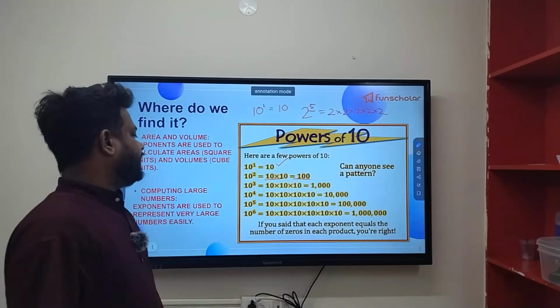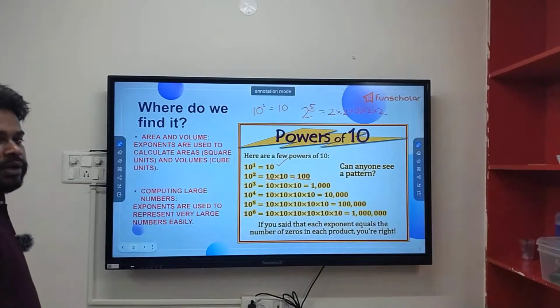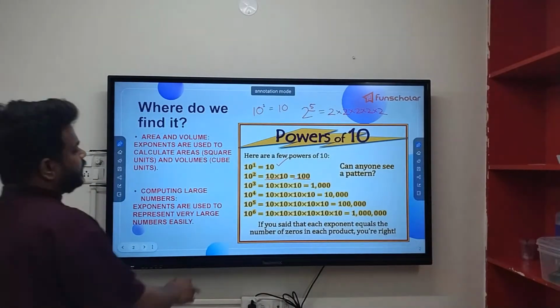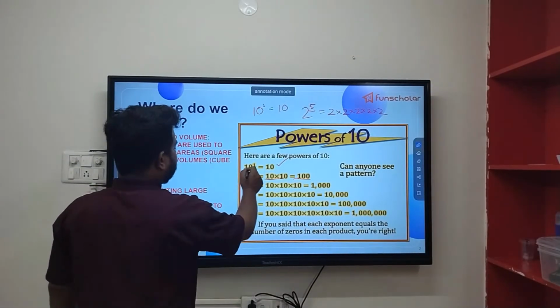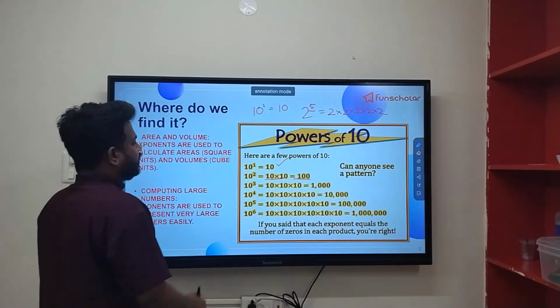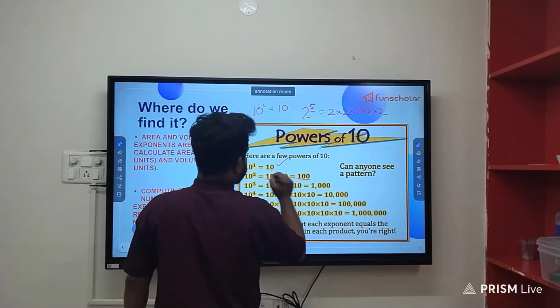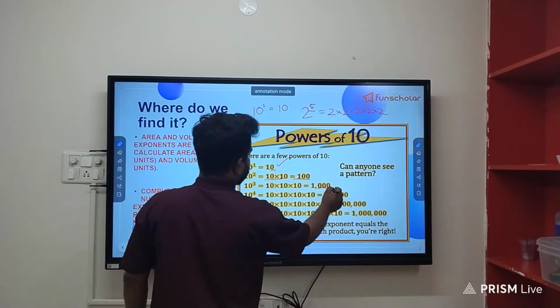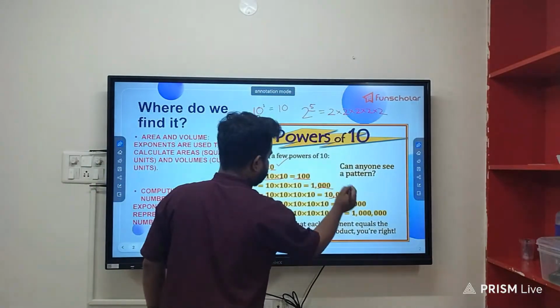If you said that each exponent equals the number of zeros in each product, you are right. You can see a pattern here. In 10 with 1 in the head position, that means 1 zero. In 10 square it means 2 zeros. In 10 to the power 3 it's 3 zeros. In 10 to the power 4 it's 4 zeros.